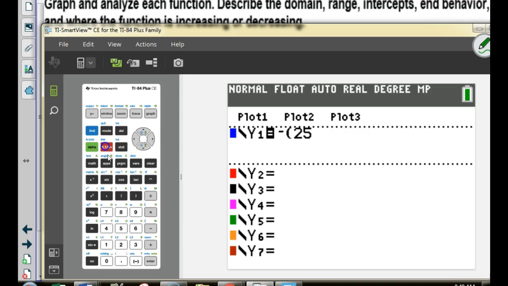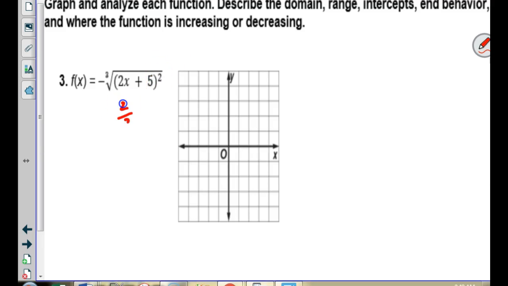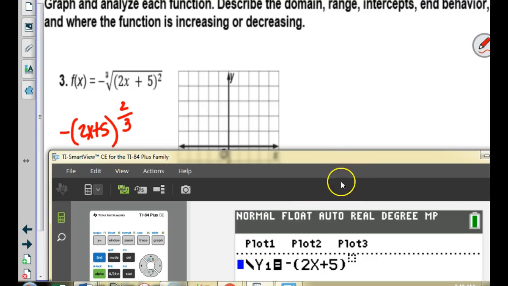Oops. To the, anybody know what power I could put in for this? Almost, because it had something in here, right? It's 2/3. So it's the opposite of 2x plus 5 to the 2/3. You don't have to put it in that way. Do you need me to show you that it's the same thing?